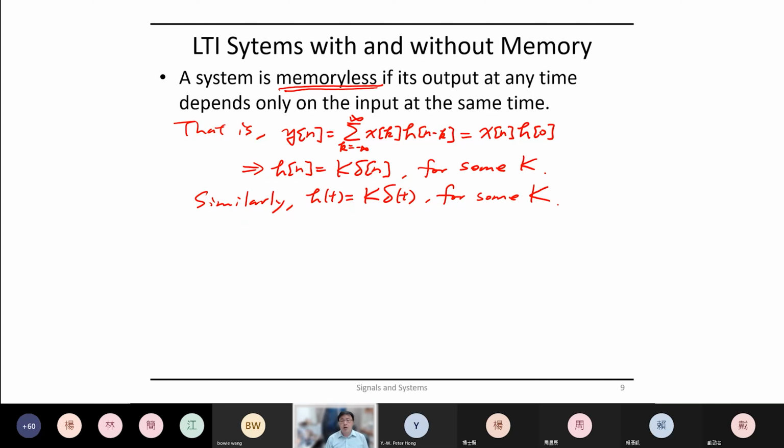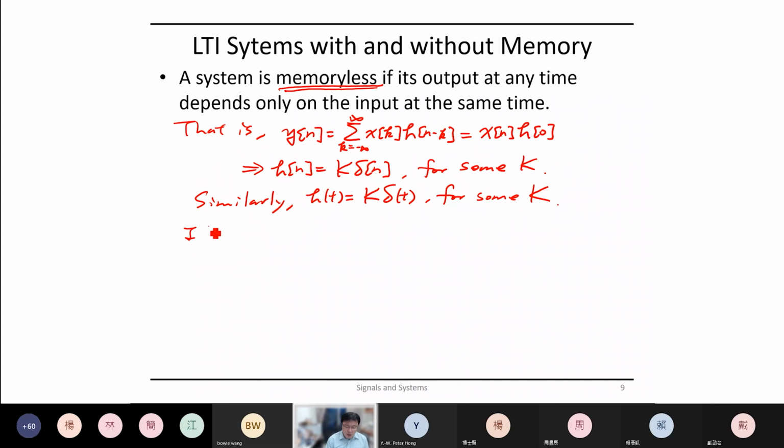So if you are given an impulse response with only a single non-zero value at time 0, then you know that this is the impulse response to a memoryless system.